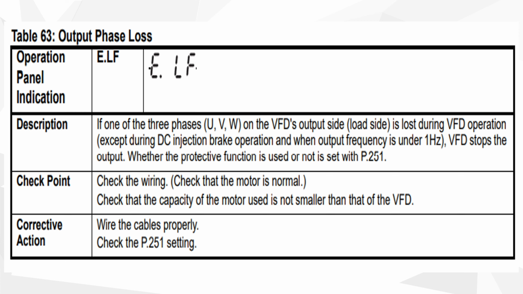It might be loose or broken in between, so we have to check the wire from the VFD end all the way to the motor end. First we have to check that. And if we have seen that all wires and connections are proper, then it could be that the connectors where we are connecting the cable may be loose, or inside the motor that connection could be loose or broken.